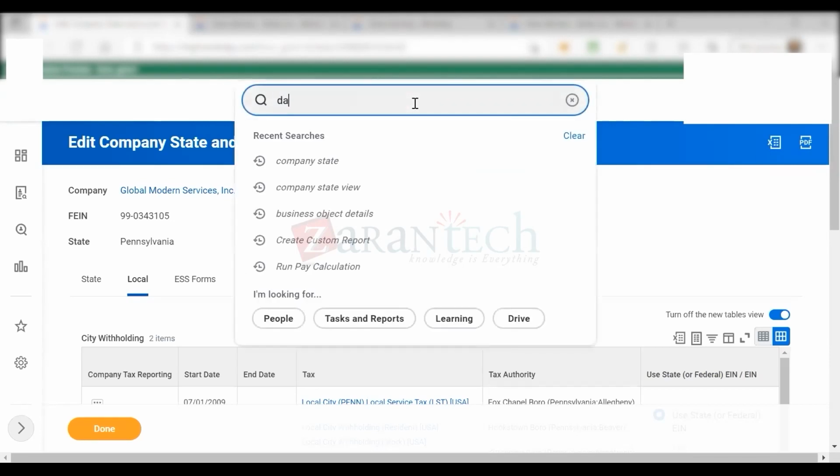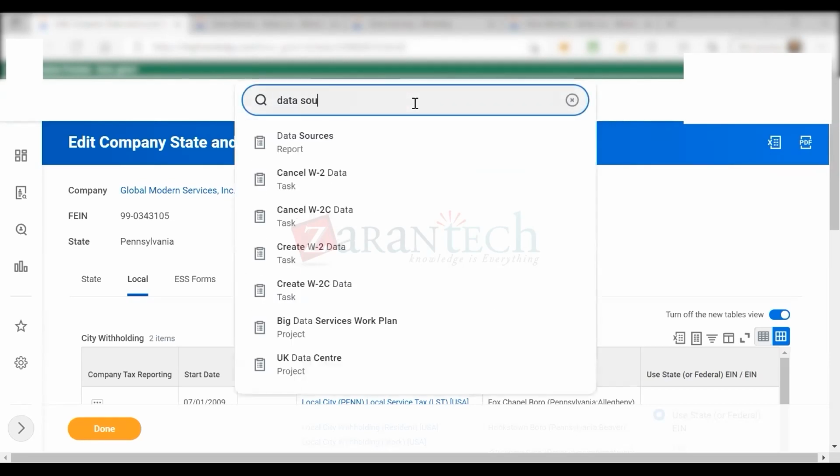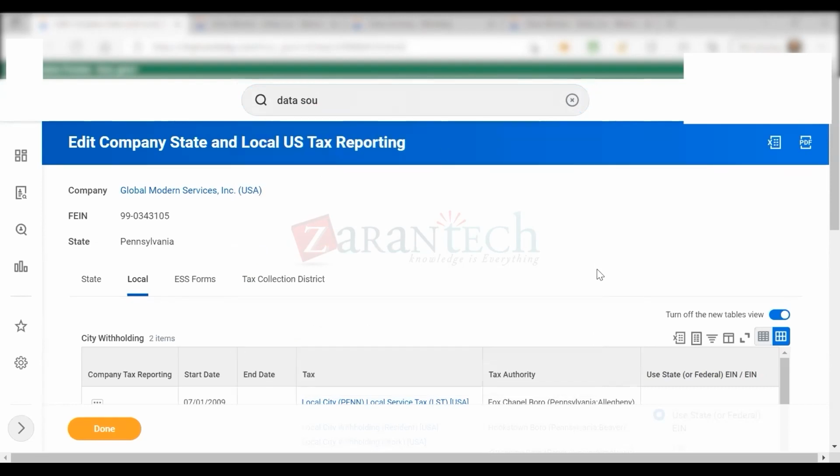I'm surprised why that data source is not coming. Maybe it is called something like tax reporting. Let's try tax reporting.